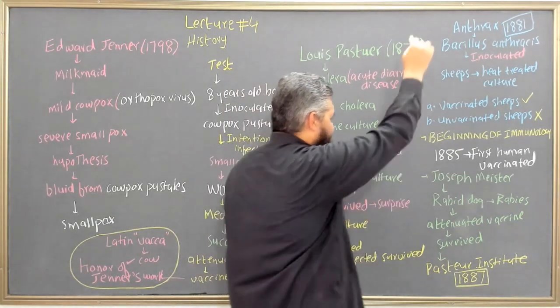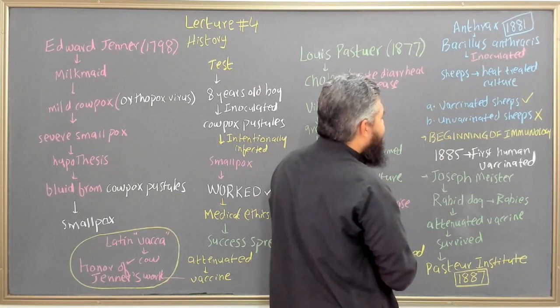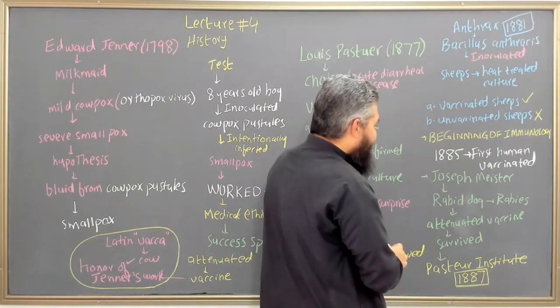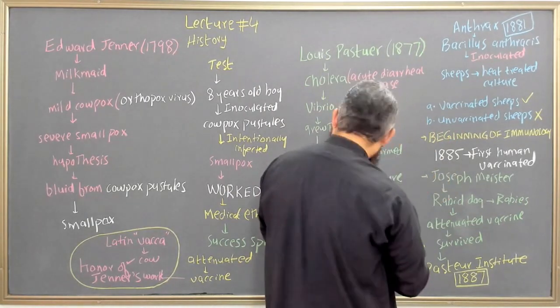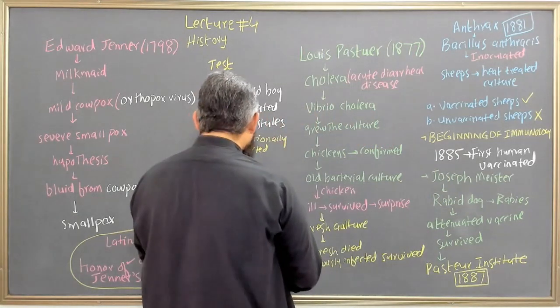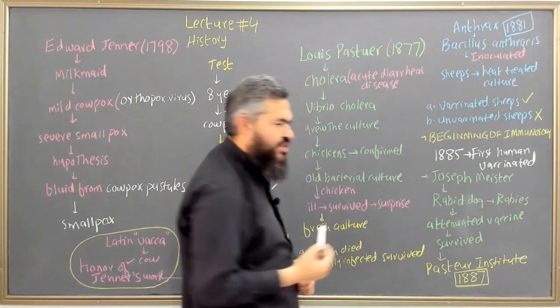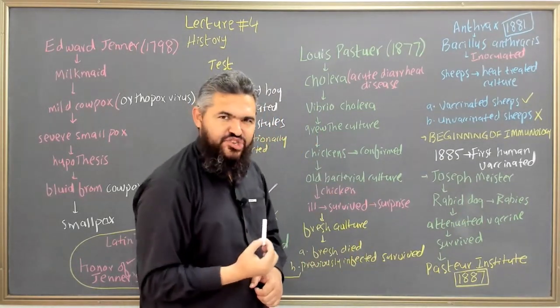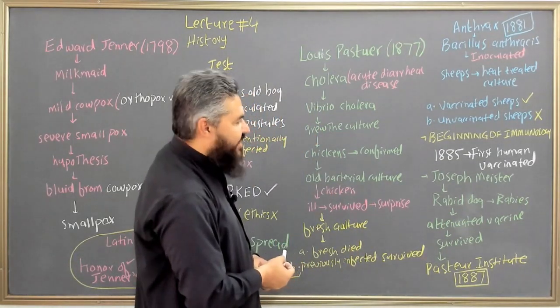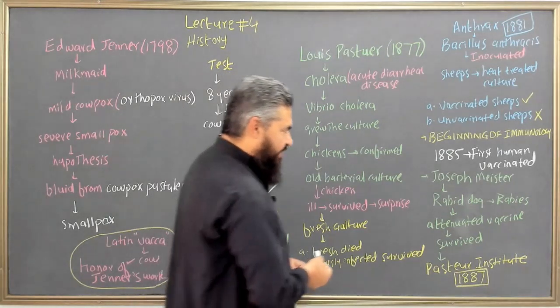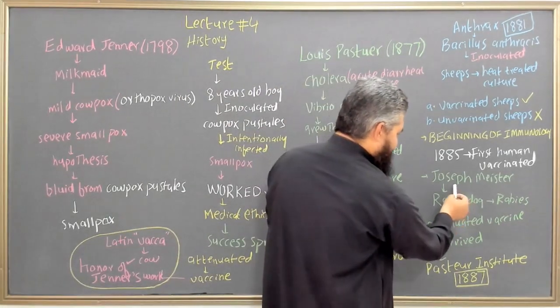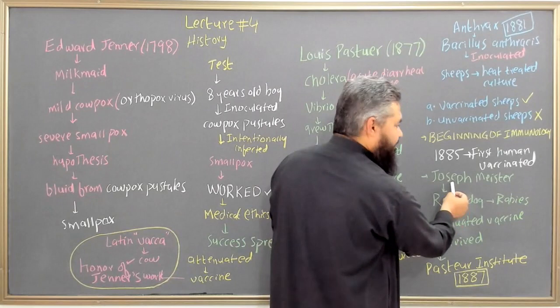Now, these experiments marked the beginning of the immunology. Now, in 1885, Louis Pasteur did the first human vaccination experiment. There was a boy, Joseph Meister.